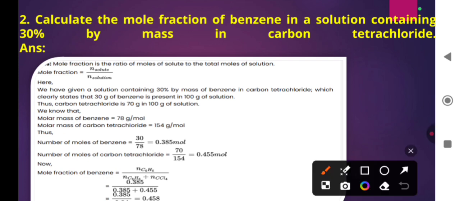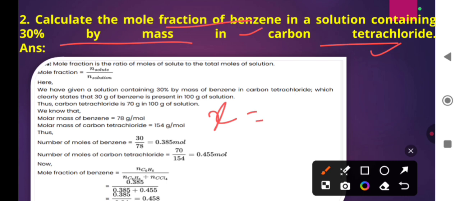So next numerical: calculate the mole fraction of benzene in a solution containing 30% by mass in carbon tetrachloride. Two components are present here, benzene and carbon tetrachloride. Now you have to solve the mole fraction. Mole fraction is represented by X. Whatever component you want to solve, you have to keep that component upside. It is a mole fraction, not a mass fraction.